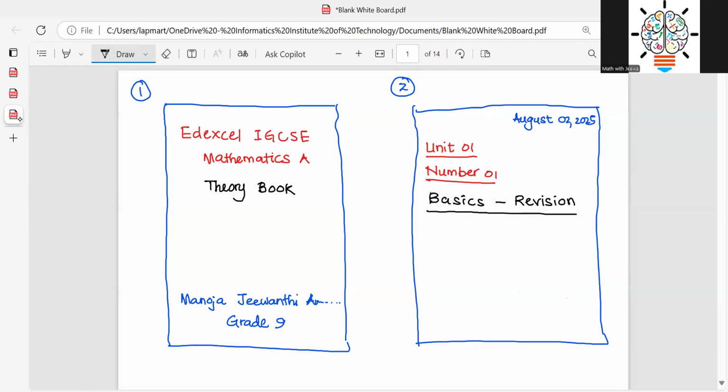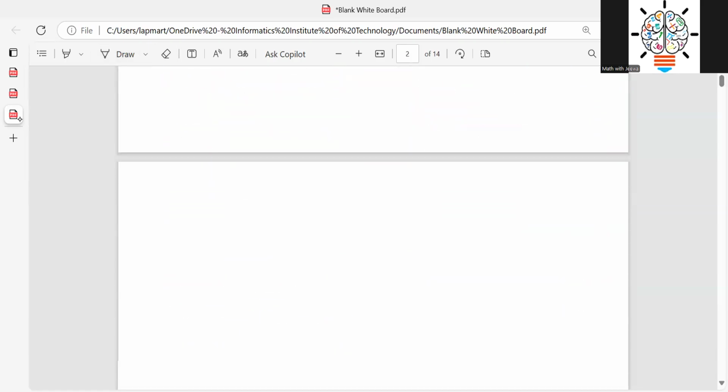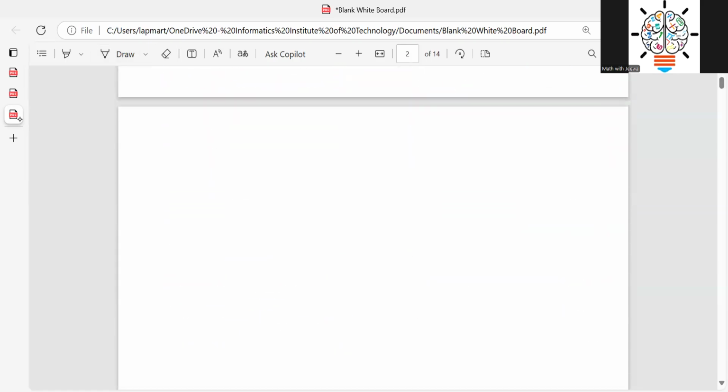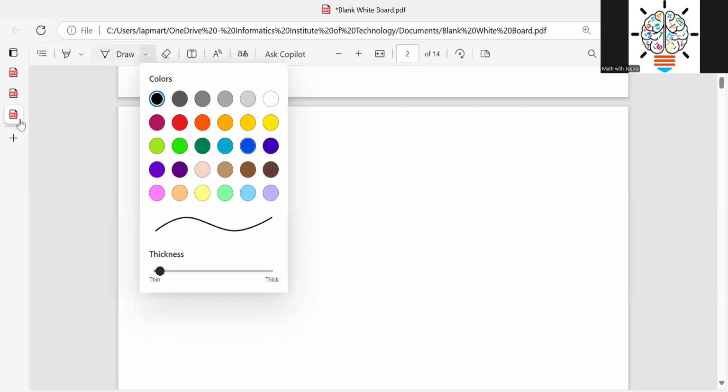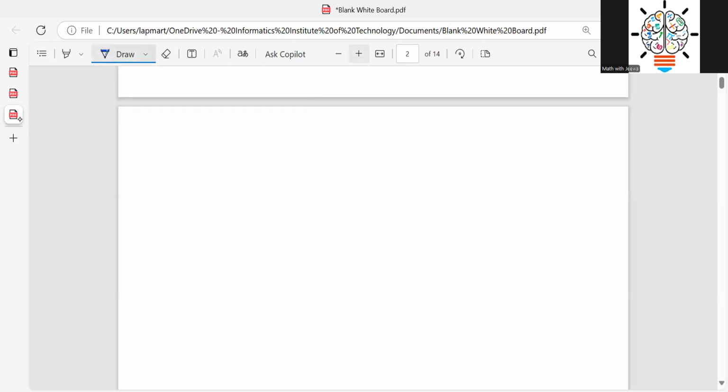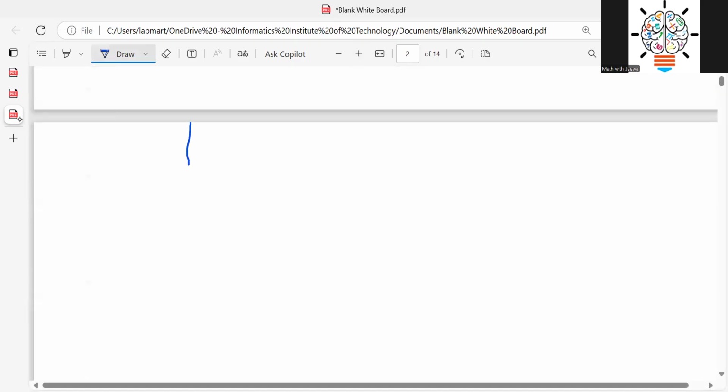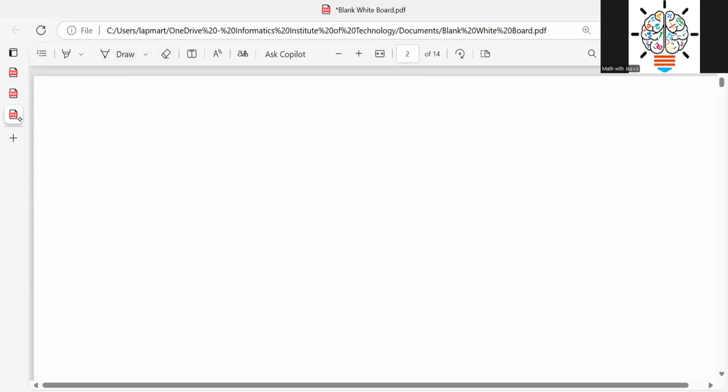Under that, I'll explain what kind of theory content we should revise, children. These are very basic things which you have done in grade 6, 7, 8, but we want to revise everything, because without this knowledge we can't move forward.